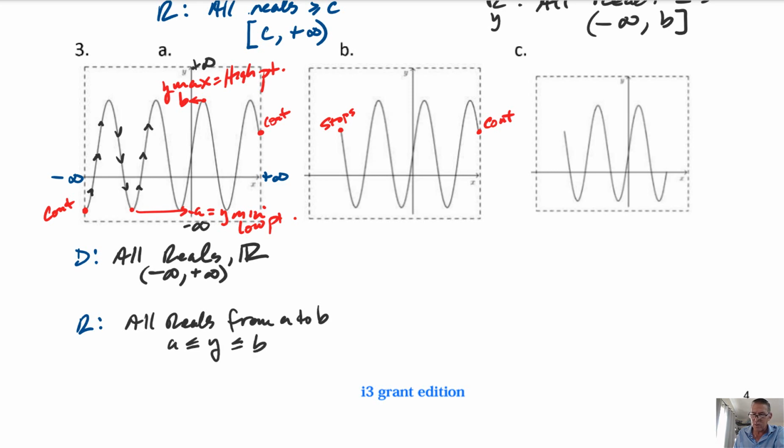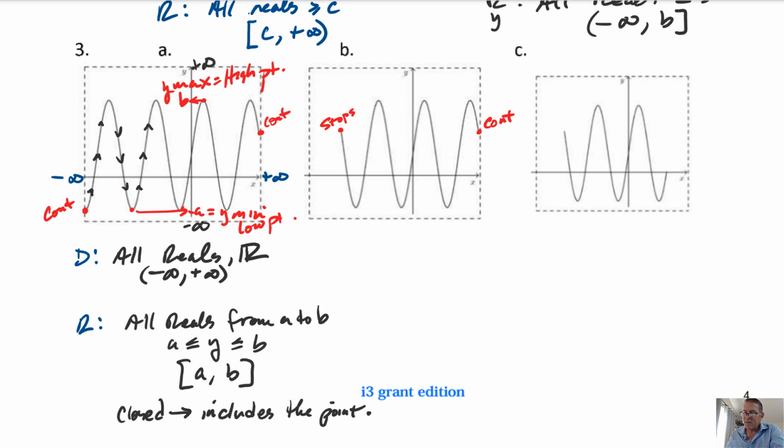Less than or equal to B, or you can say closed from A to B. Not open but closed, because you have to include A and you have to include B. Closed interval notation means that it includes A and B. Closed means that it includes the point. Open means it does not include the point.